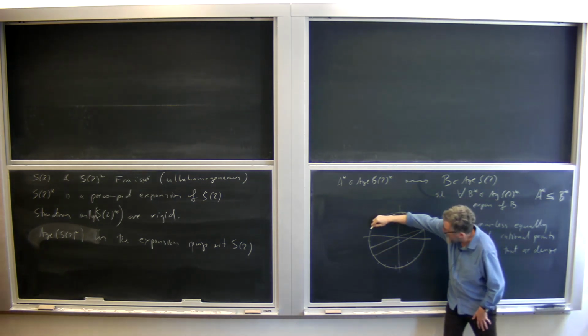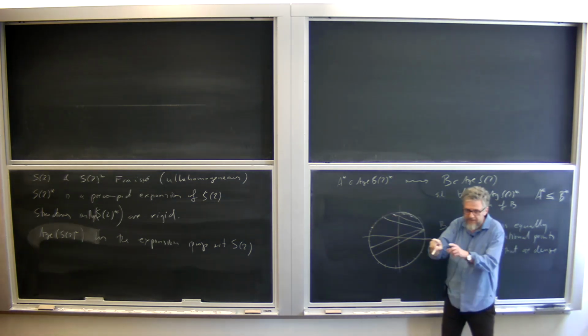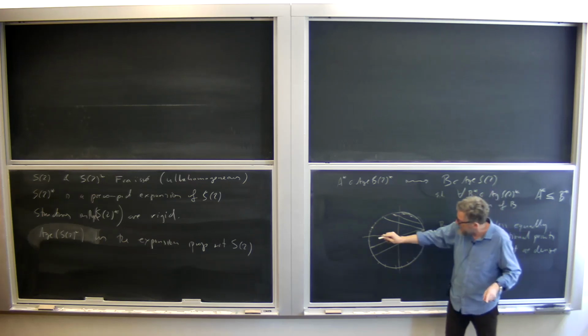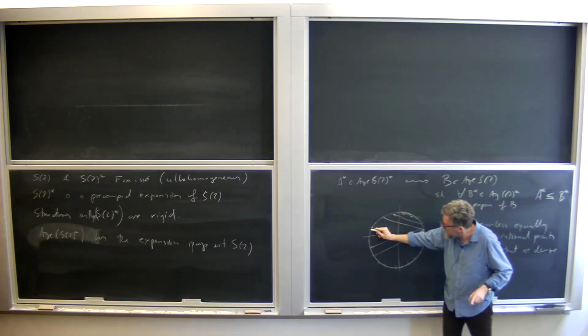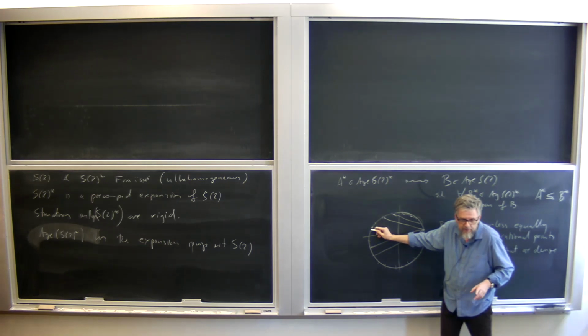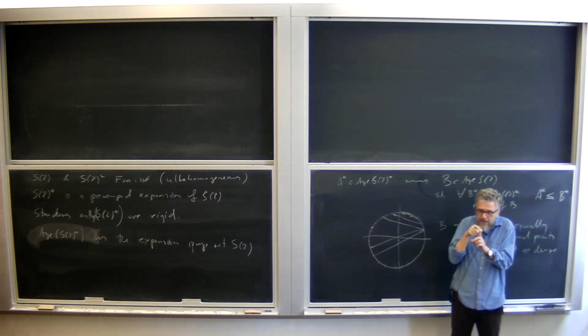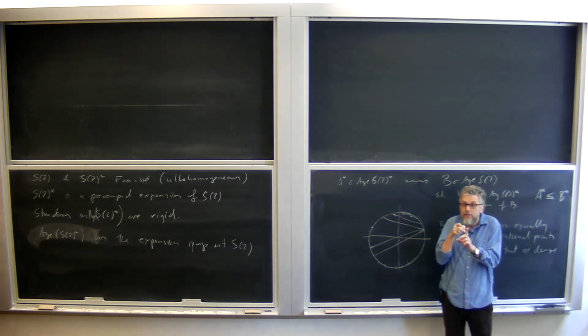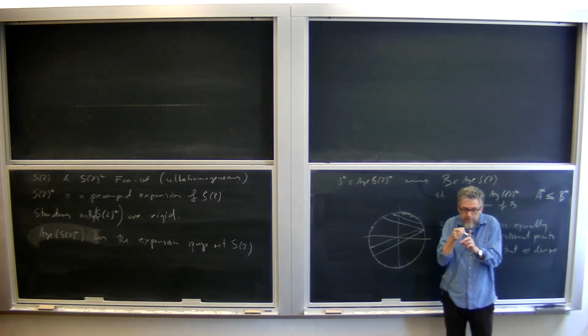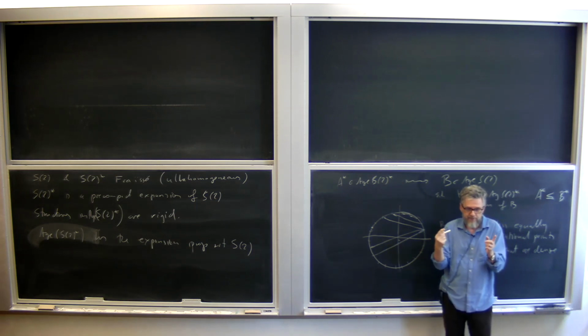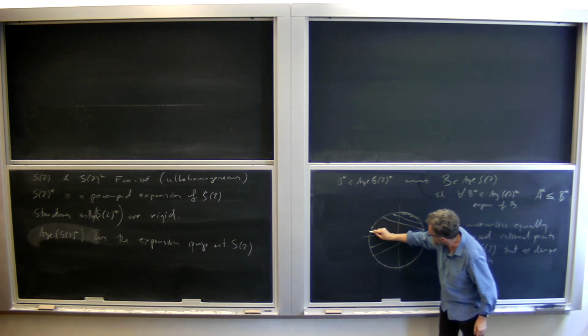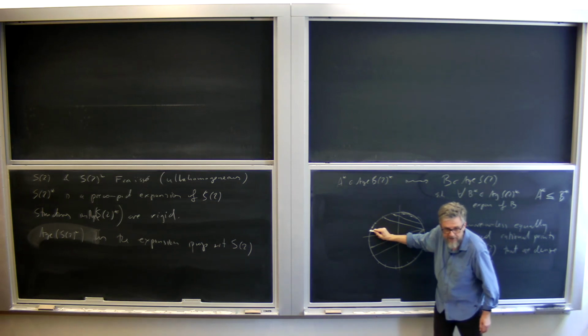And I can make B so dense that between every 2 points in A star, there will be many points in B. So every point in A will have a neighbor, and no point in B will be a neighbor of 2 points in A star, right? Because I have 2 points in A star, many points in B, many points in B. This point picks something here. This one picks something here.